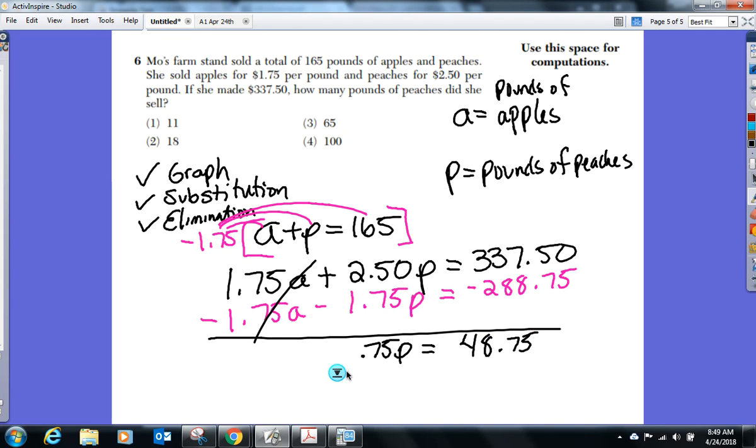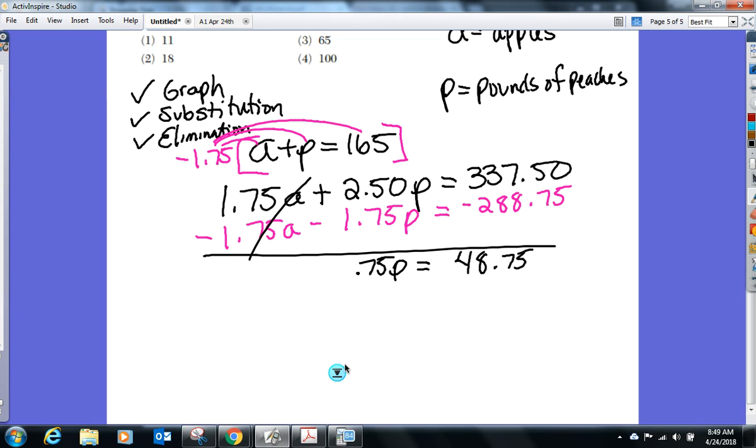And last step to solve for p: divide both sides by 0.75. And that'll tell me how many pounds of peaches I ended up selling. A perfect 65 pounds. Boom.